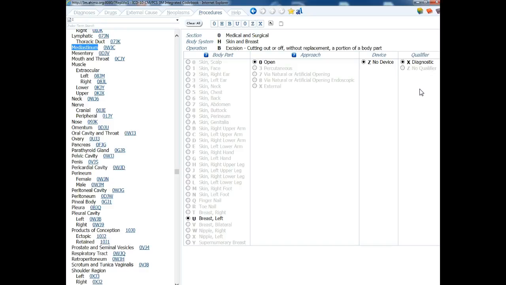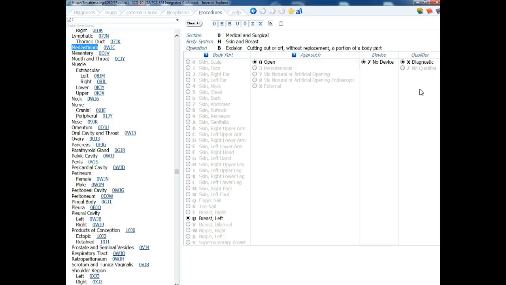Now let's look at overlapping body layers, B3.5. So if we have the root operations of excision, repair, or inspection, and they are performed on overlapping layers of the musculoskeletal system, the body part that specifies the deepest layer is coded.